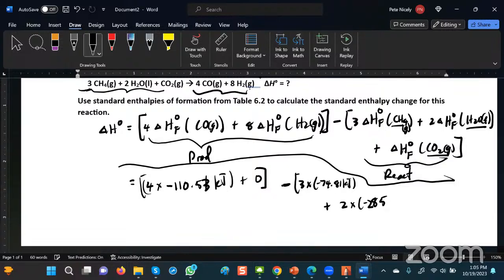Negative 285.83, all right. So if I get this wrong, blame her, all right? And then for carbon dioxide, well, it's only one of them, so CO2 gas.